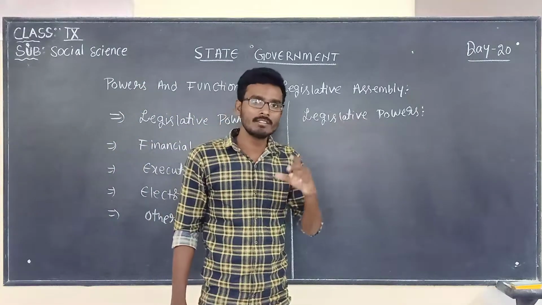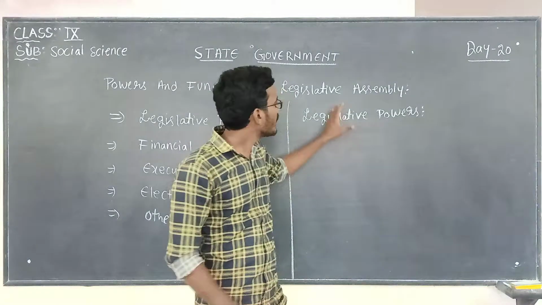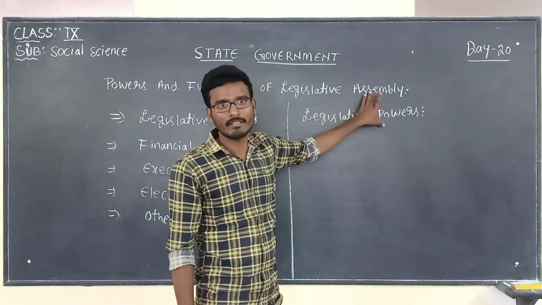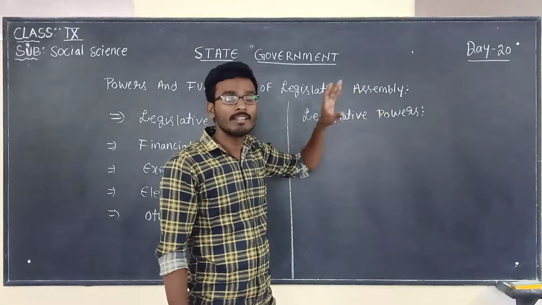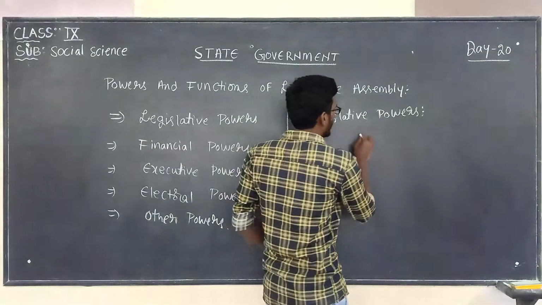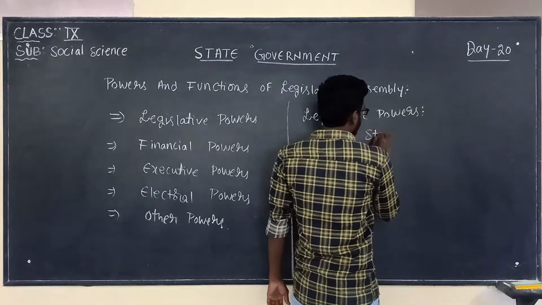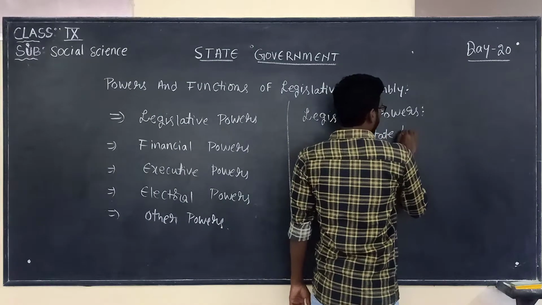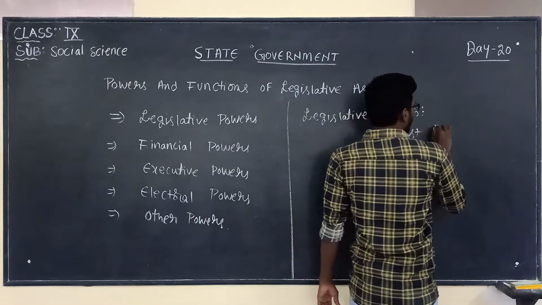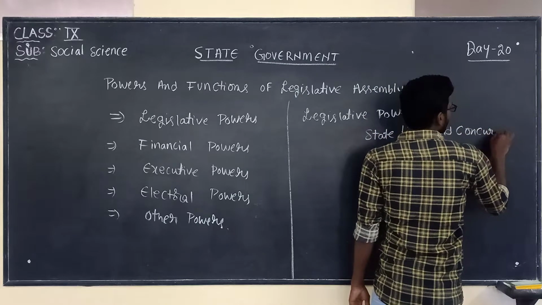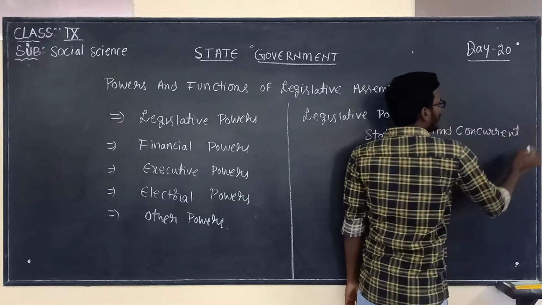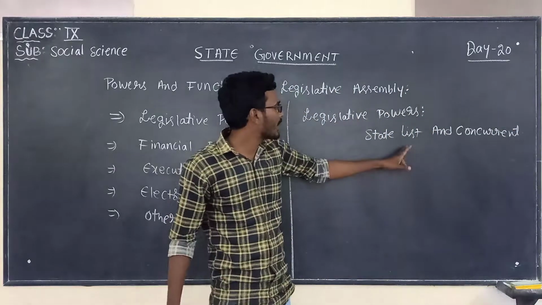and finally the governor's signature. The state legislature majorly makes bills on subject matters like the state list and concurrent list. I hope you remember this topic, right?